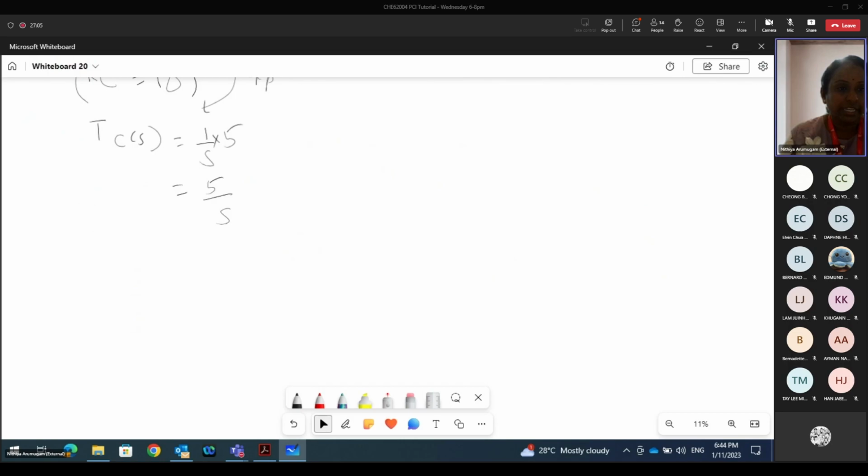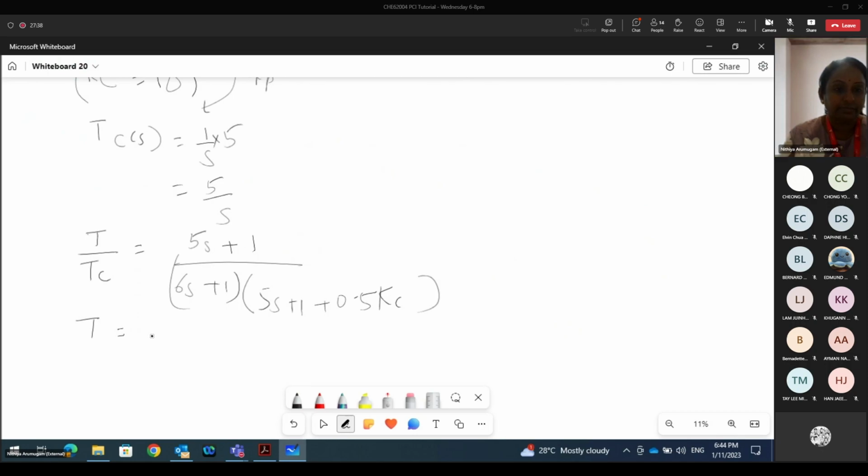To calculate the offset, we need to know the initial and final condition also. That can be expressed as T over Tc equals 1 over 6s plus 1, 5s plus 1 plus 0.5 Kc. So T can be calculated by multiplying by the Ts.